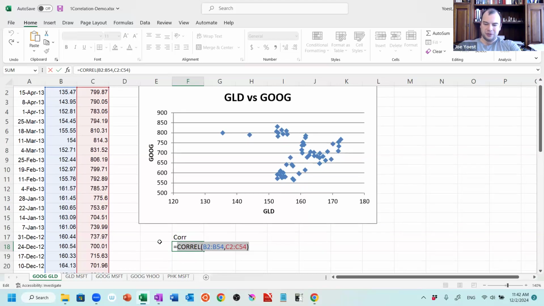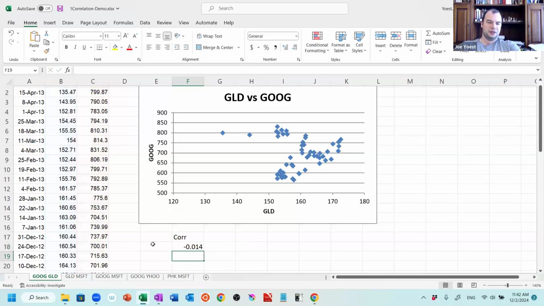So I ask for the correlation of B2 to B54 and C2 to C54, and that gives us this negative 0.01. That's quite close to zero on a scale from 0 to 1, right? That's like 1.5 percentage points. That's very close to zero. Not a very good linear relationship here.